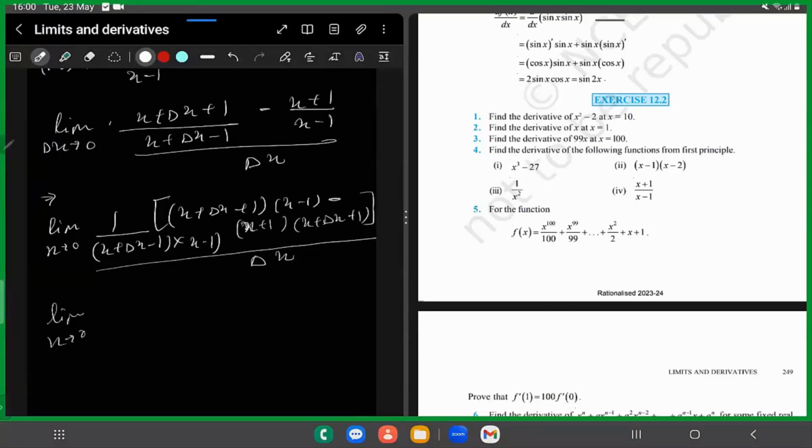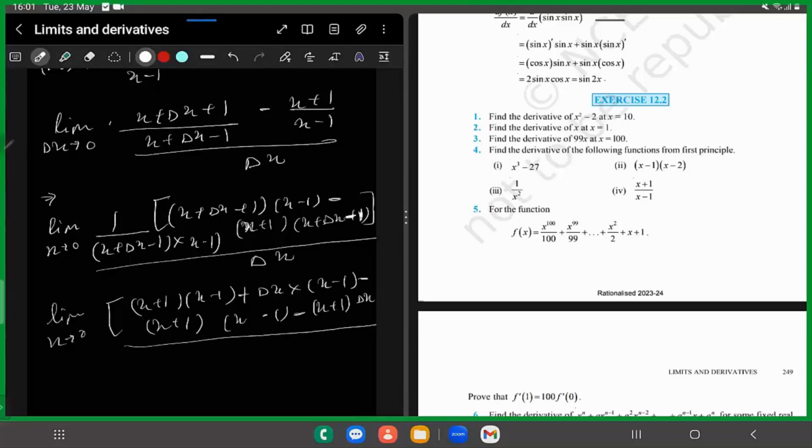Okay, so let's say we multiply firstly (x plus 1) into (x minus 1) plus delta x into (x minus 1). And for the second term we'll get (x plus 1) into (x minus 1) plus delta x into (x plus 1), with a minus sign in front.